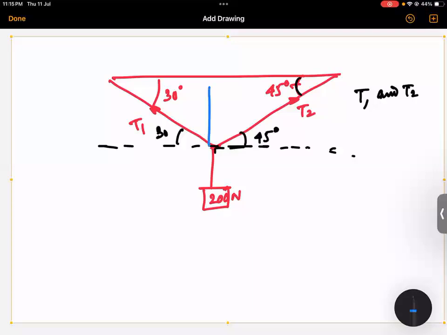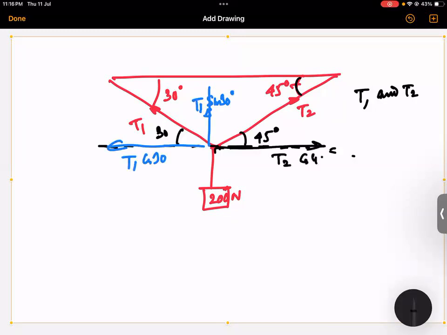So this will be T1 cos 30 and T1 sin 30, and T2 cos 45 and T2 sin 45.